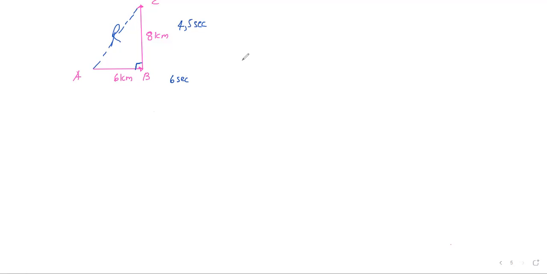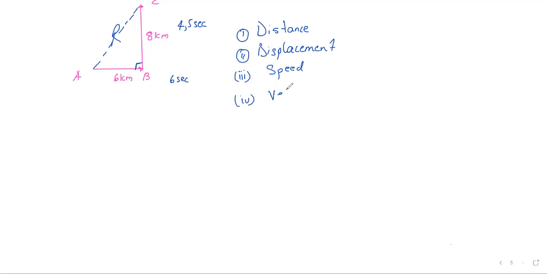Now, we are going to have a look at the distance that the boy has moved. And then we are going to have a look at the displacement that the boy has experienced. Then we are going to have a look at his speed. Once more, have a look at his velocity.